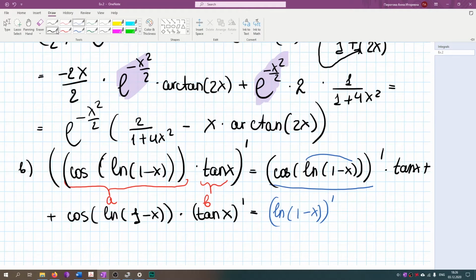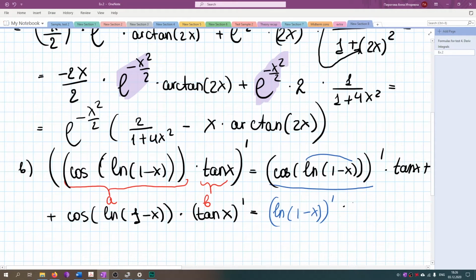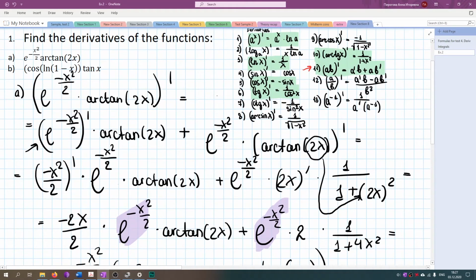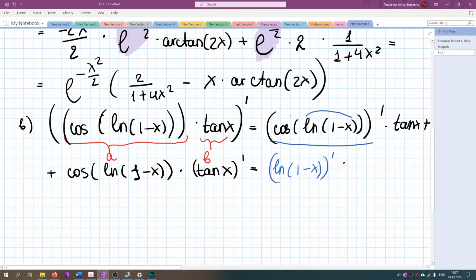This is very important, and then we will use the rule about the derivative of the cosine. It's written here. It says that the derivative of the cosine is minus sine x. So we take the argument of our function cosine and make it minus sine of this argument.